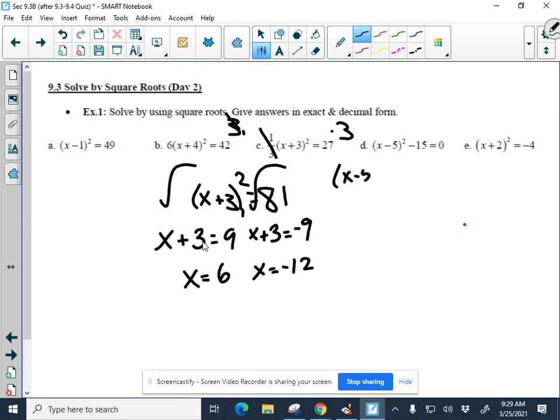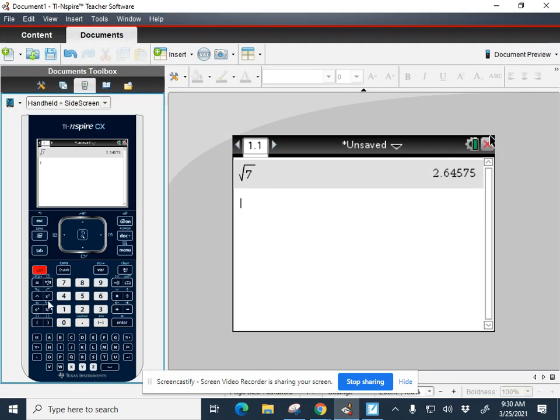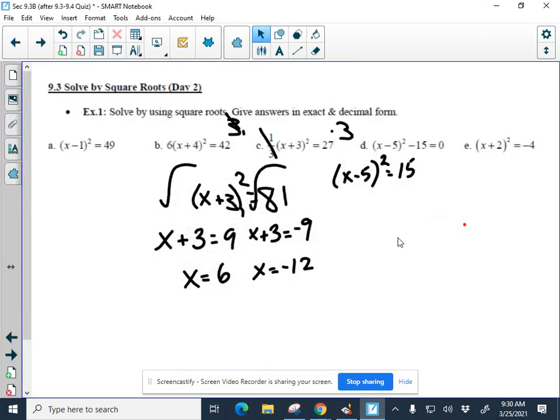This one, x minus 5 squared equals 15. Take the square root. 3.87.